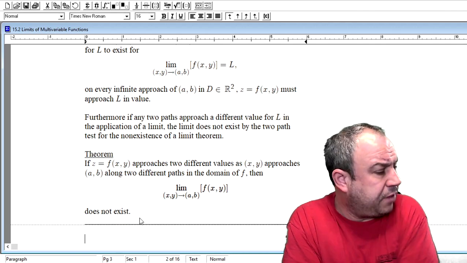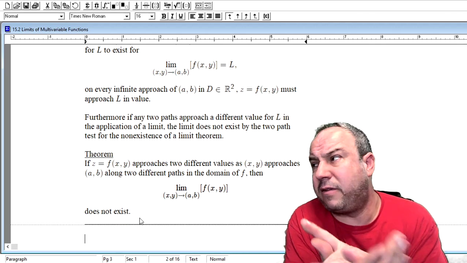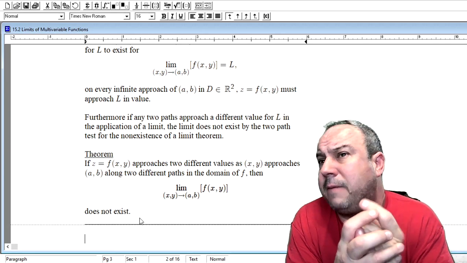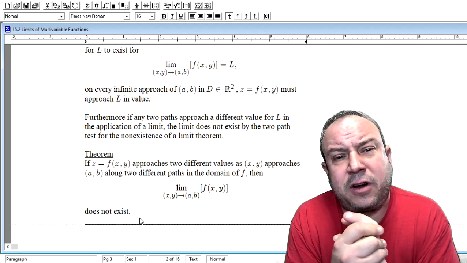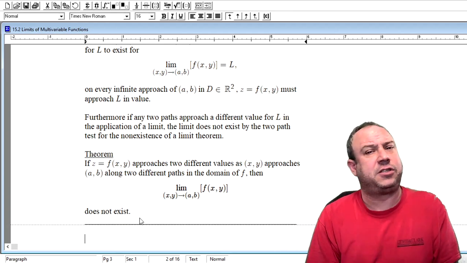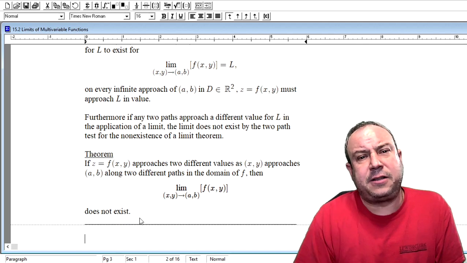Remember, the one thing about graphs, it was a bit of a fundamental technique back when evaluating the limit of a function in the case of single variable functions. The graph was always good support for our answer to a limit.